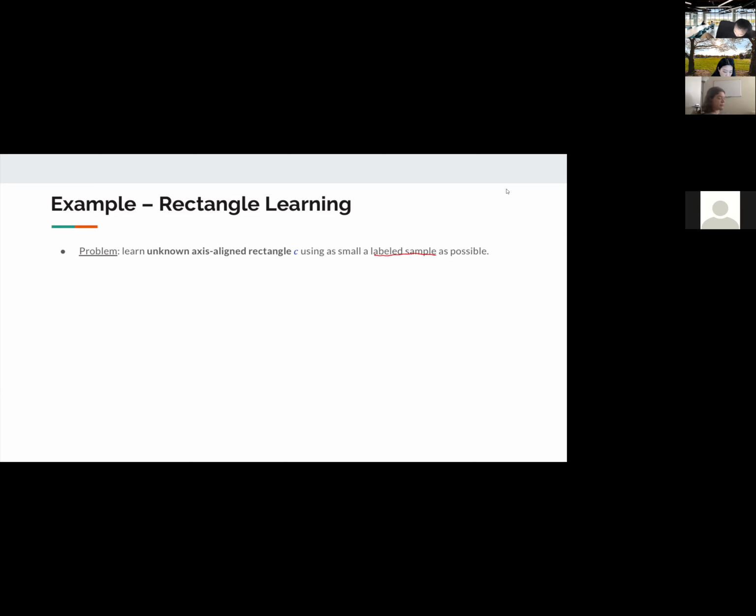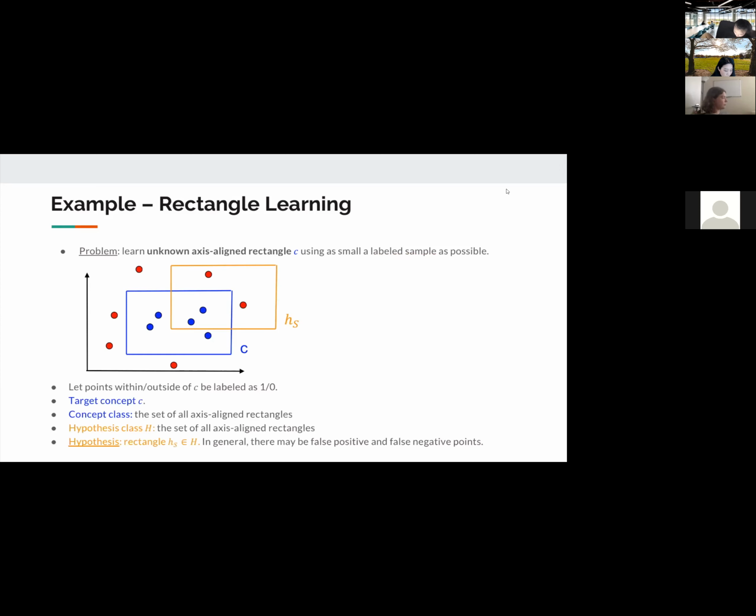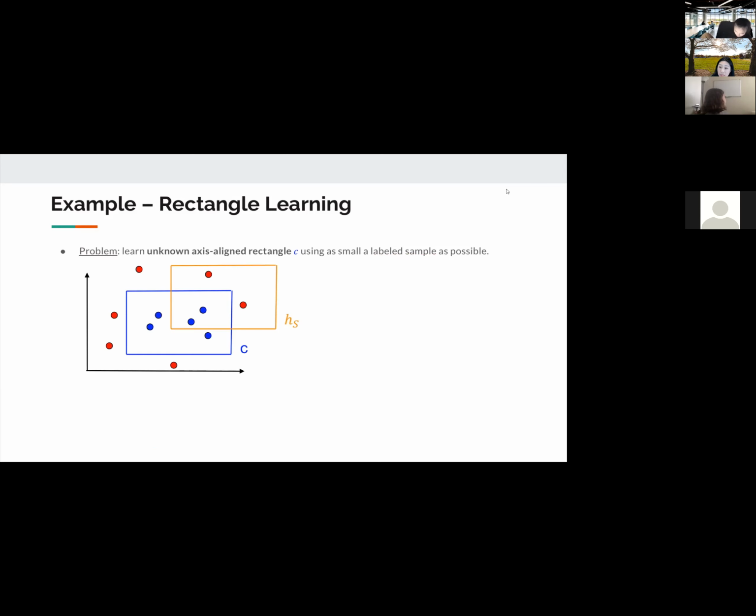So let me ask you this question. What is the target concept here? It is the blue rectangle, right? It is an axis aligned rectangle. Now I'm asking you, what is potentially the concept class?